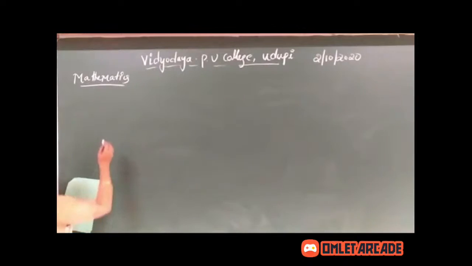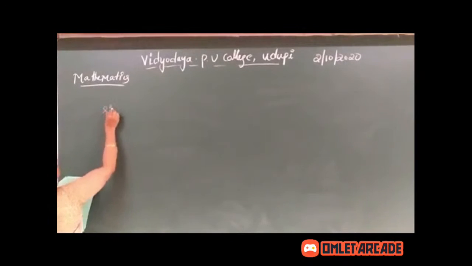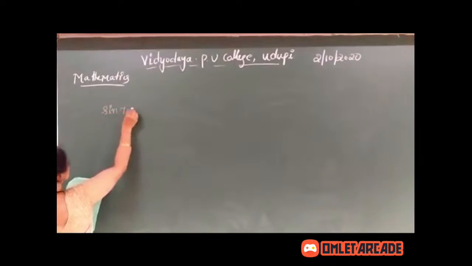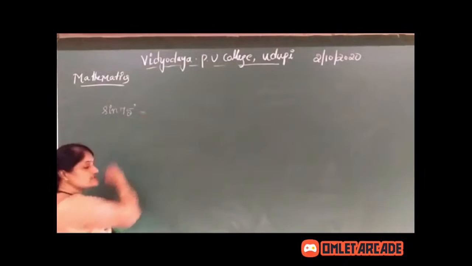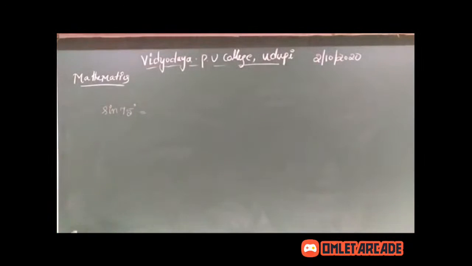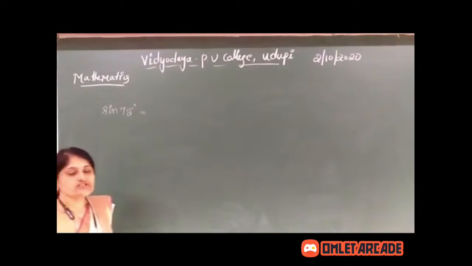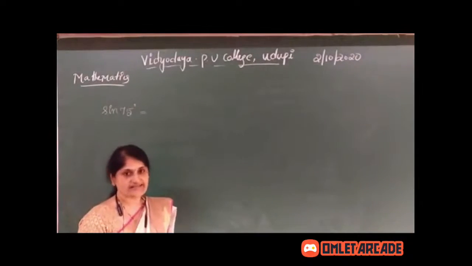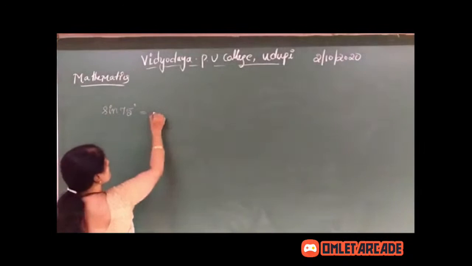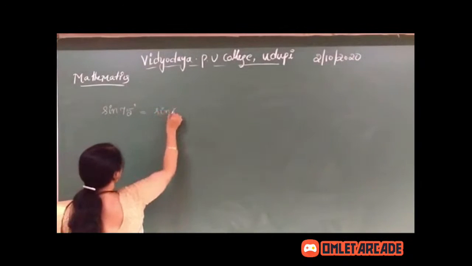Next one, find the value of sin 75 degree. Now in such problems, this is important. Sin 75 is there, so we can go for the sin(x plus y) formula or sin(x minus y). Which formula are we going to use?